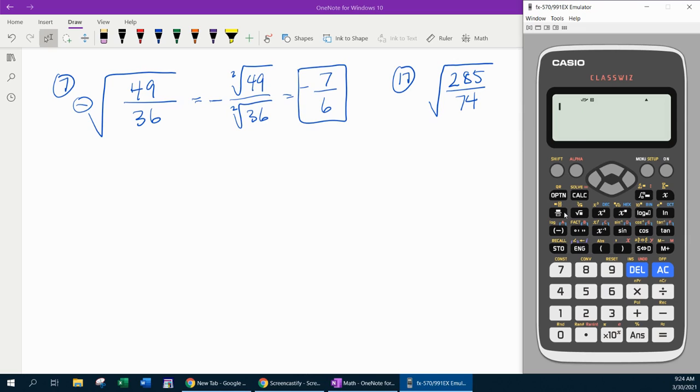To input this correctly, we start with the square root, then the fraction button, and then we input our numerator and denominator and press equals. That gives us our decimal approximation, 1.962 rounded to 3 decimal places.